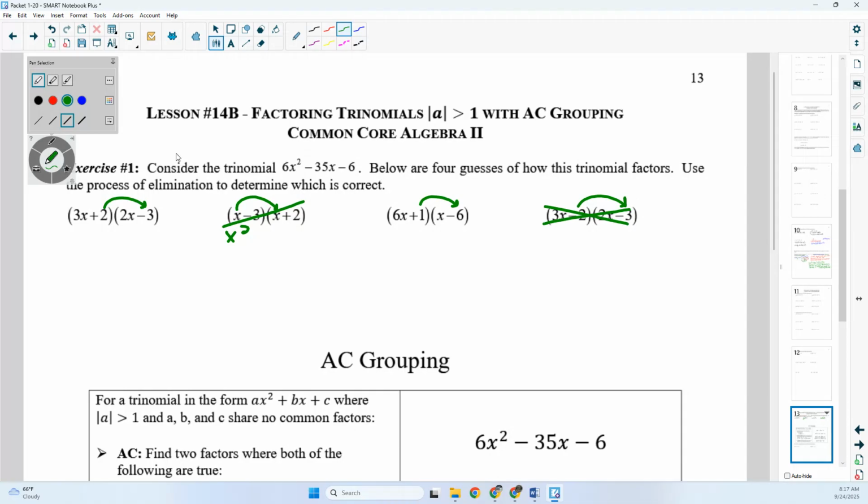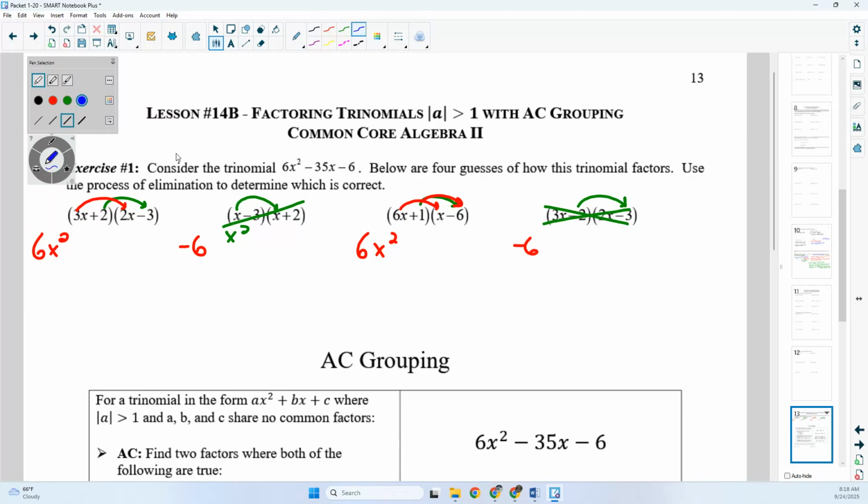Down to my 2 final pairs of binomials. This one, the firsts give me the 6x squareds. The lasts give me the -6. The middle parts we're going to have to check, and the same thing is true over here. I get a 6x squared for the first terms and a -6 for the last terms.